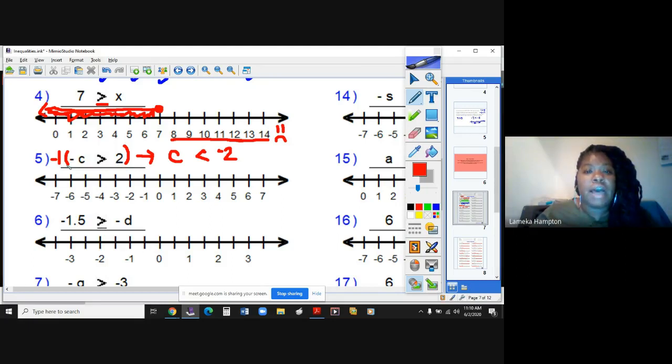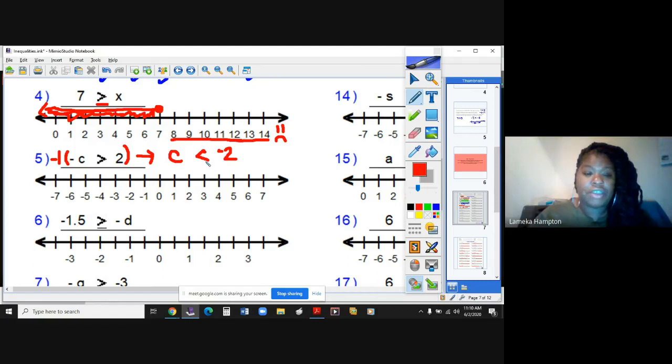When I multiply or divide by a negative number, as it relates to inequalities, your sign must be flipped. Okay? So when I multiply -1 times -c, I got a positive c. When I multiplied my -1 times a +2, that gave me a -2. Because I am multiplying by a -1, my greater than sign is now flipped to a less than sign.